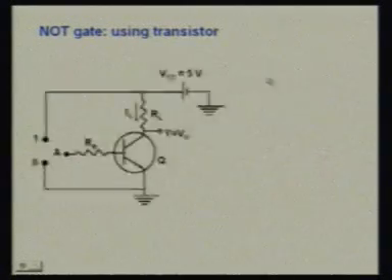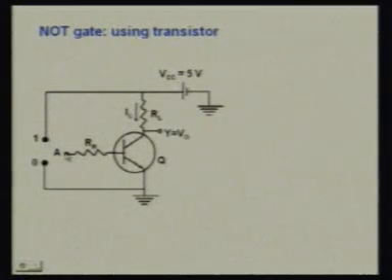Now again, as usual, we will realize the NOT gate using a transistor. Let us consider this circuit. Again we have an NPN transistor. This is the plus VCC supply for the collector-emitter junction, and this plus 5 volt is given to this terminal as 1, and the emitter terminal is grounded, and this terminal is recognized as the 0 state.